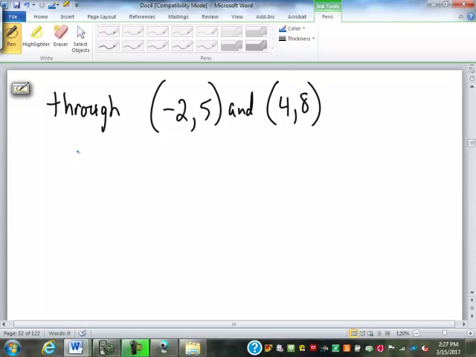Well, you're gonna do the whole 8 minus 5. Okay, good. We're finding the slope. Yes, it is 8 minus 5. And then we divide by 4 minus -2. Good. 8 minus 5 is 3. 4 minus a -2?